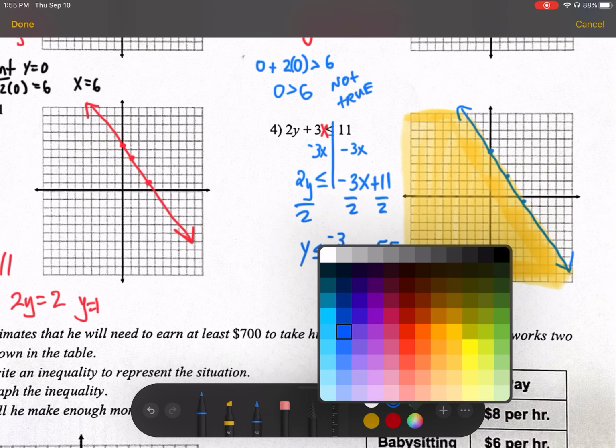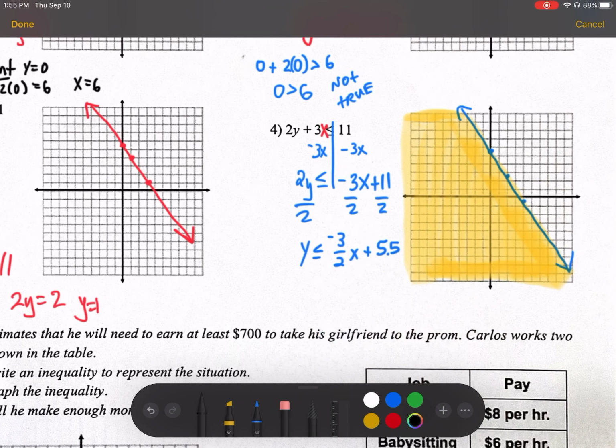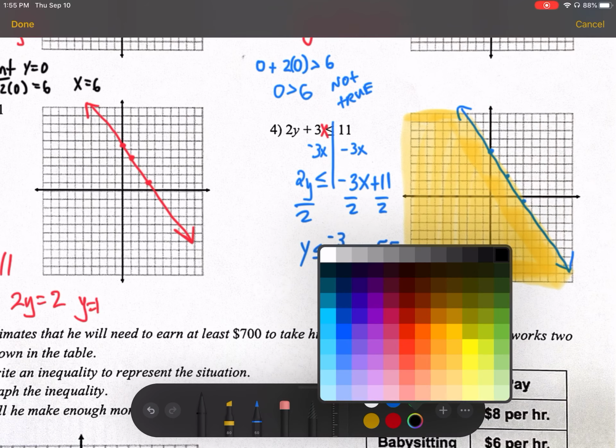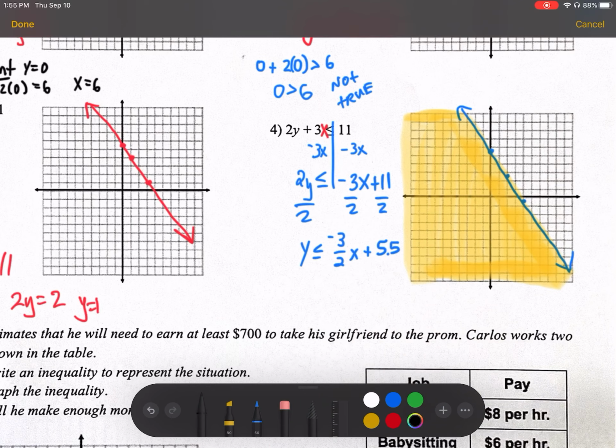So to check ourselves, we could plug in a test point. So if we plug in 0, so the point 0, 0, so let's say 2 times 0 plus 3 times 0 less than or equal to 11.